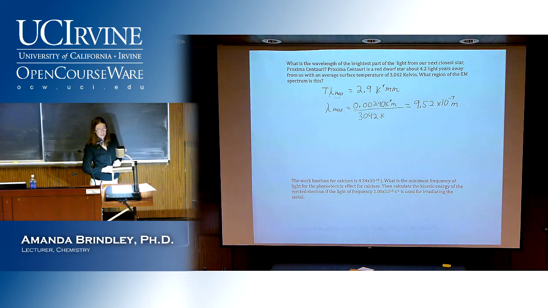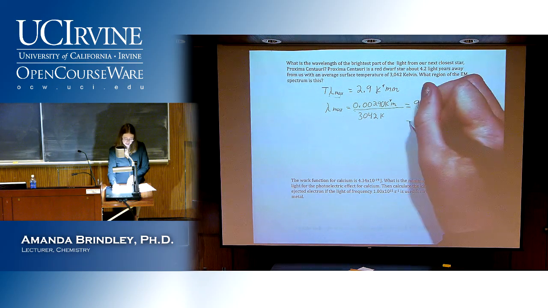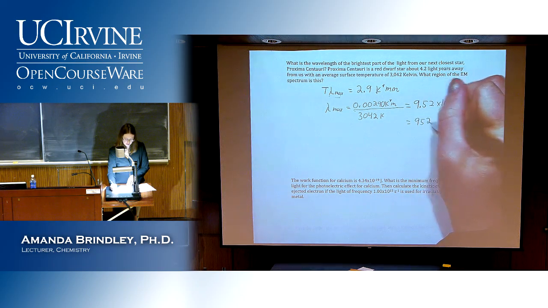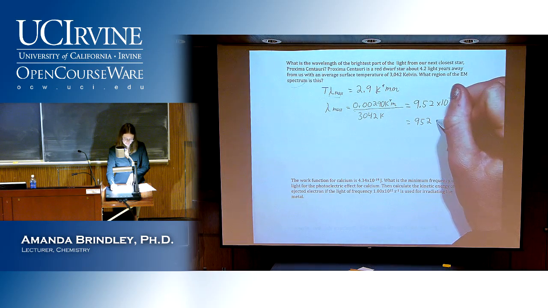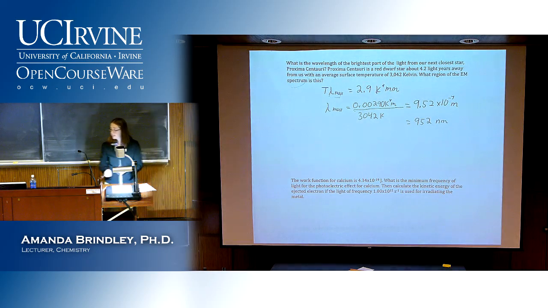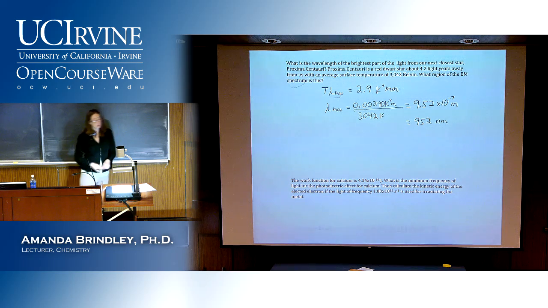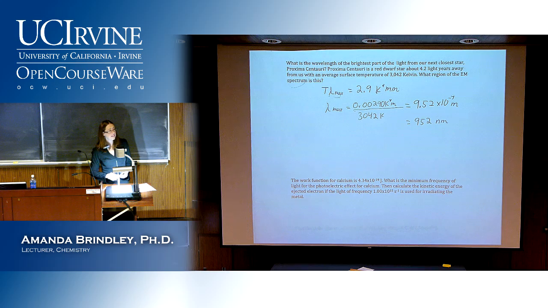Now, if we look at what region of the electromagnetic spectrum it is, it might be easier to convert this to nanometers, which comes out to be 952 nanometers. Depending on how much you remember from the previous slides, this lines up right in what we call the near IR region.